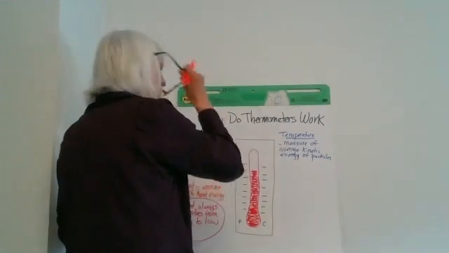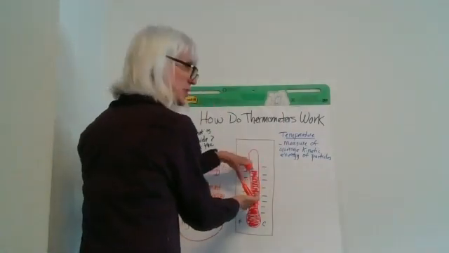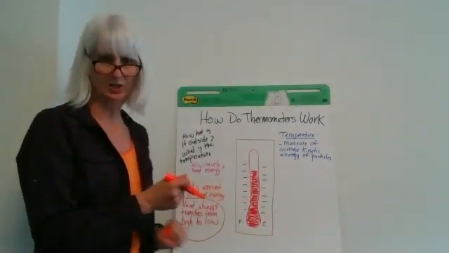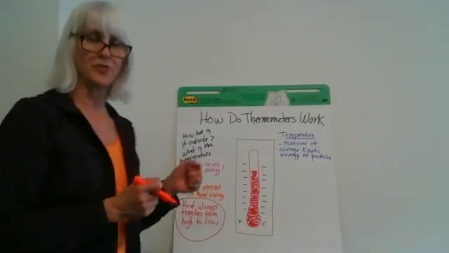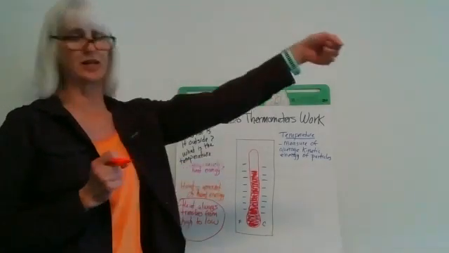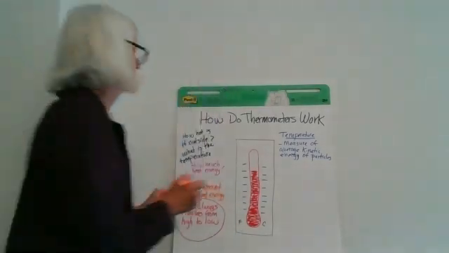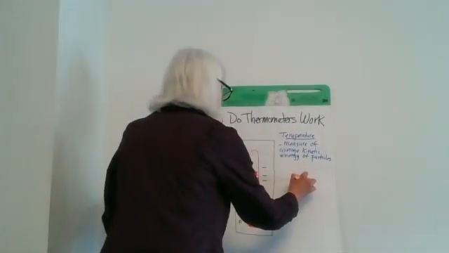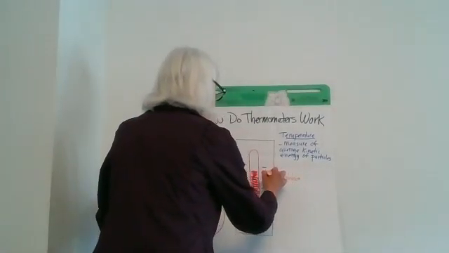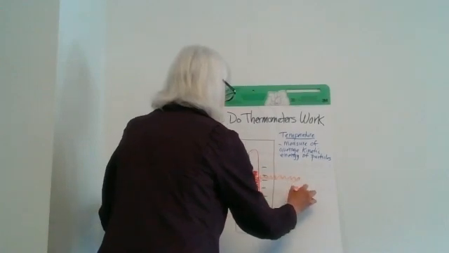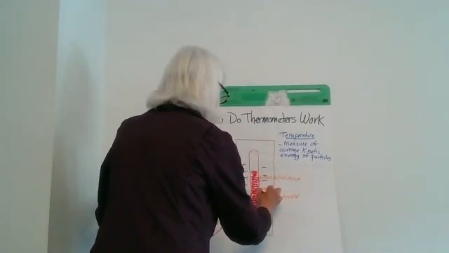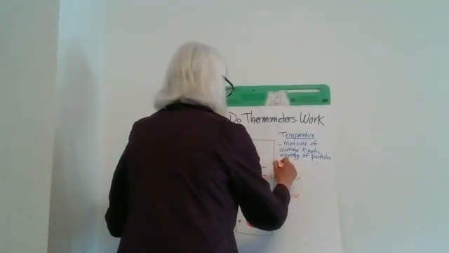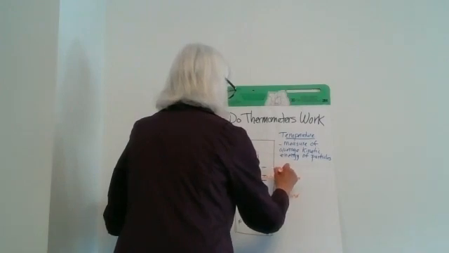If the outside temperature is warmer than where the thermometer is sitting, so let's pretend that thermometer is outside. I take it from my house to my apartment here and I go hang it outside. It's warmer outside. So that heat energy is going to transfer to the molecules. So I've got higher heat energy transferring into my molecules. Here's my heat energy.